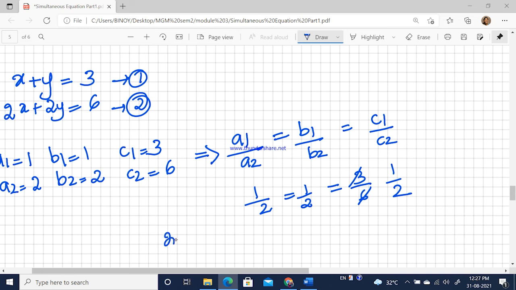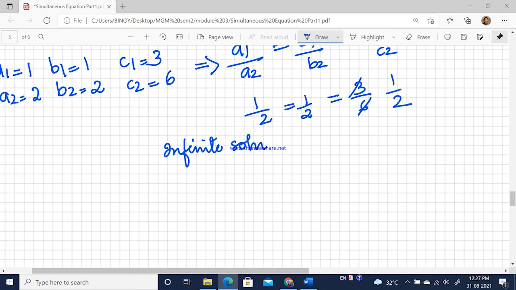Then we can say that it has got infinite solutions. If it is infinite solutions, it means it is consistent and dependent.